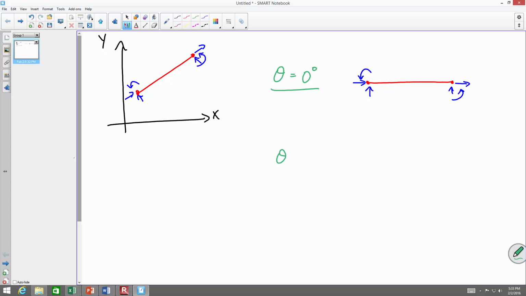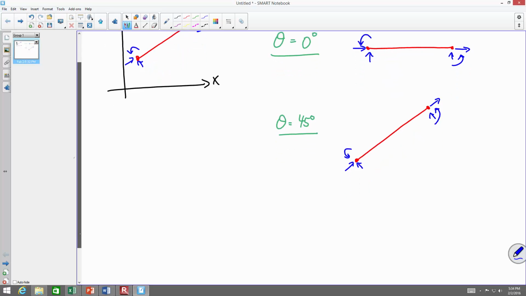Let's say theta is 45 degrees. Would you agree we're going to have an element something about like that? And its local degrees of freedom, what are they going to be? Something about like that, like that, like that, like that. Everybody see that? So let's look at what 90 degrees would look like.